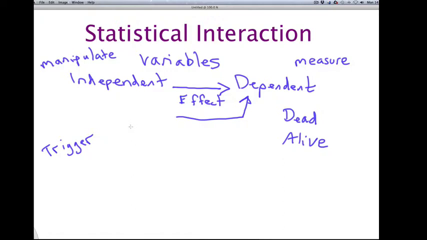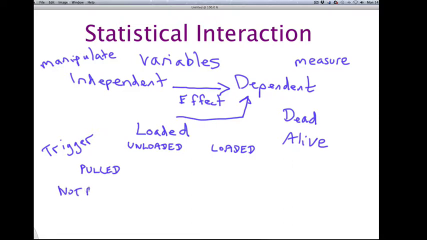One is whether you pull the trigger, and the other one is whether the gun is loaded with shot. For the loaded variable, there are two possible states: unloaded and loaded. And for the variable of trigger, there are again two possible states: you've pulled the trigger or you've not pulled the trigger.